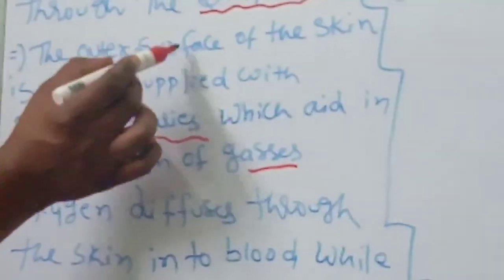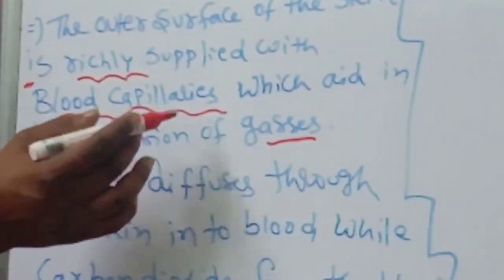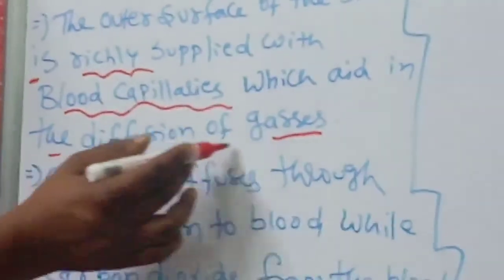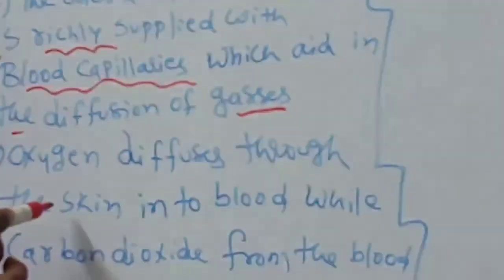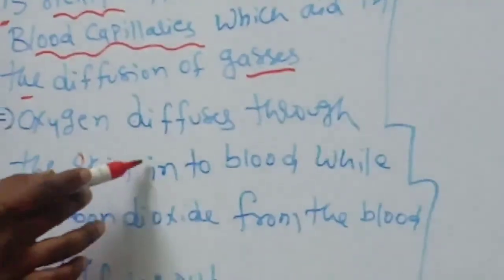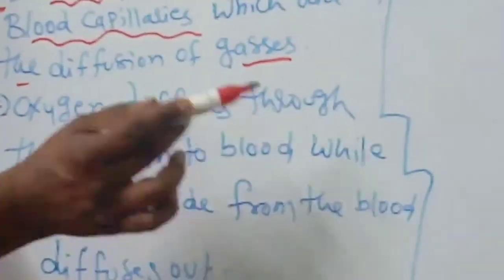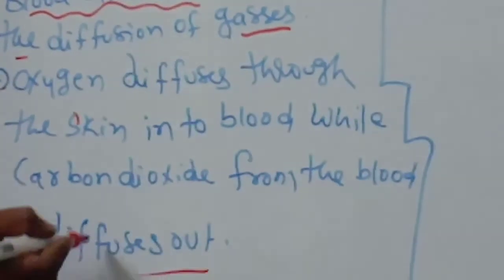The oxygen diffuses through the skin into the blood, while carbon dioxide from the blood diffuses out.